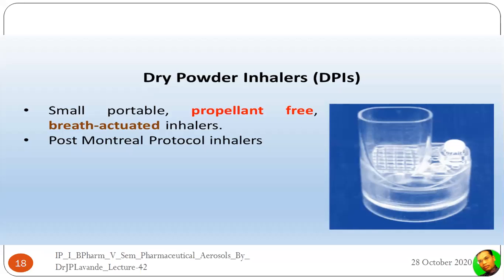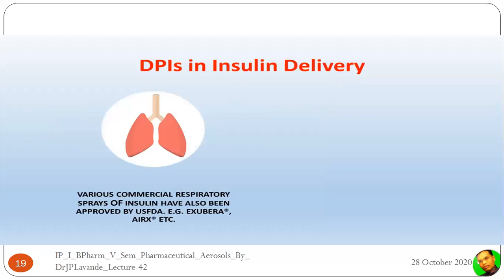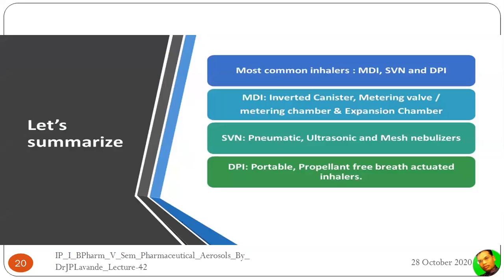Along with the inhaled air, the powder particles go inside the lungs. Examples are dry powder inhalers for insulin delivery, like the various commercial respiratory insulin products approved by the US FDA. The examples are Exubera and Afrezza, etc. You can find a few more examples of insulin inhalers.